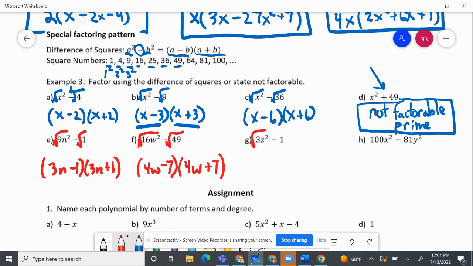For the next one, notice that 3 doesn't have a square root, so this is not factorable. Or you could put prime. For the next one, we have a square root of 100 and a square root of 81. So it's 10x minus 9y and 10x plus 9y.